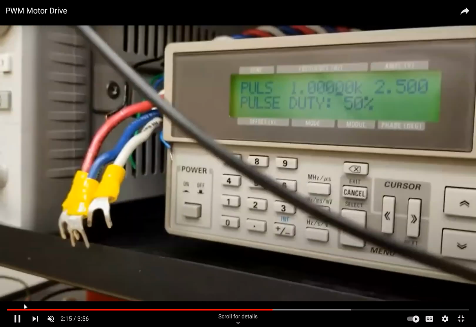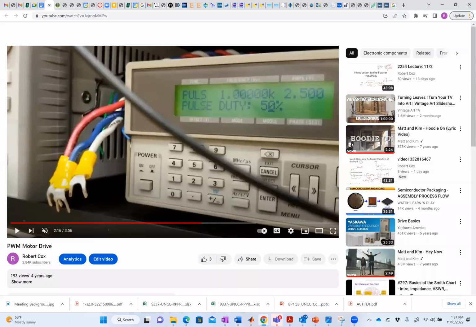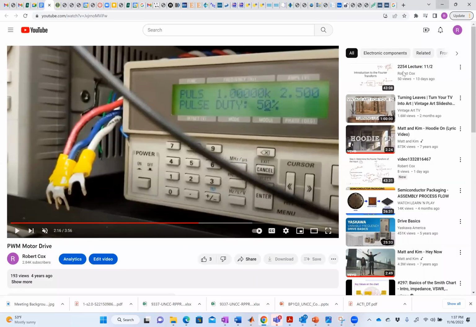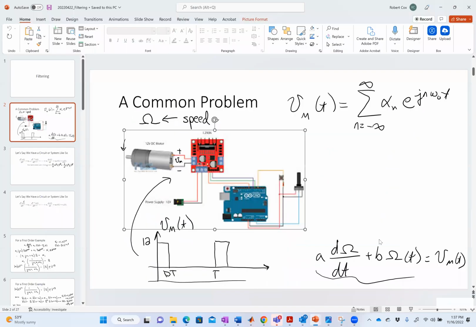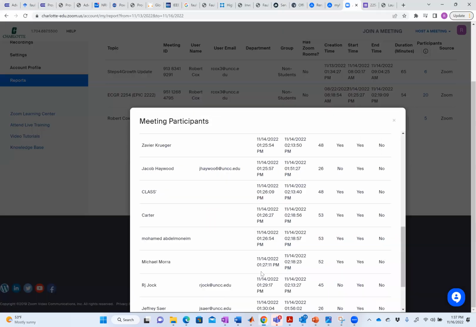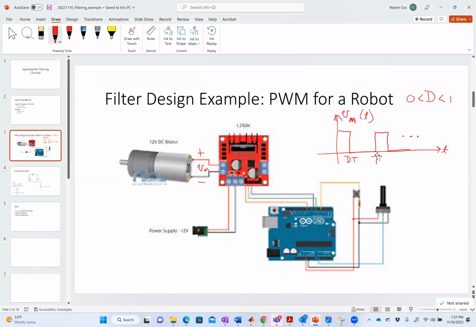And let me ask you this. Let's say I wanted to change the DC value. So let's go back to my picture here. I grabbed that from an old slide deck. Let's say I want this thing to go faster.